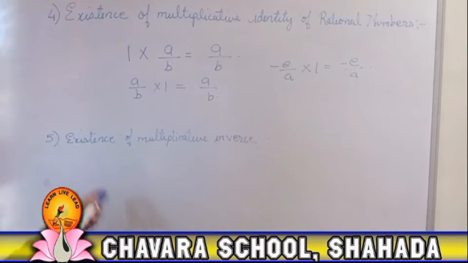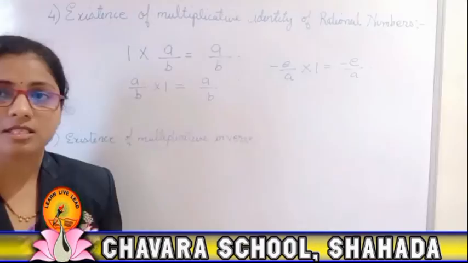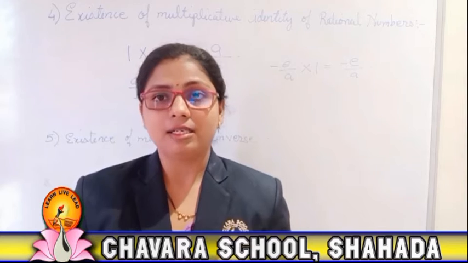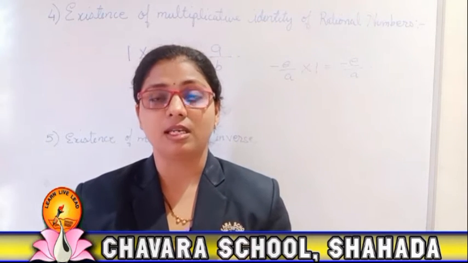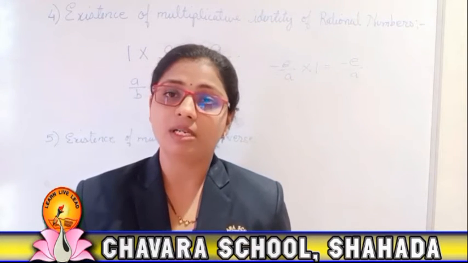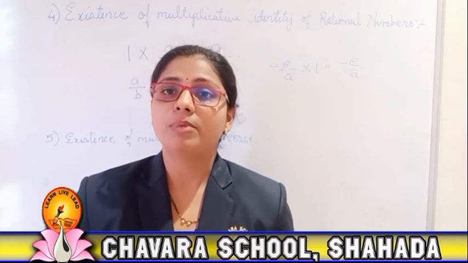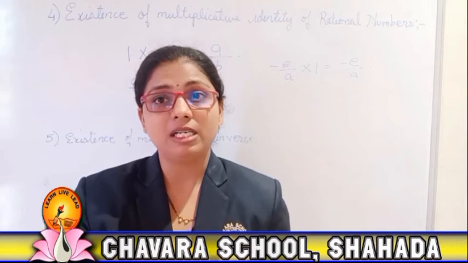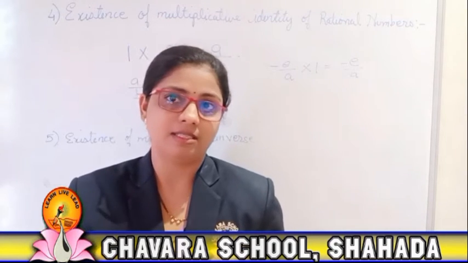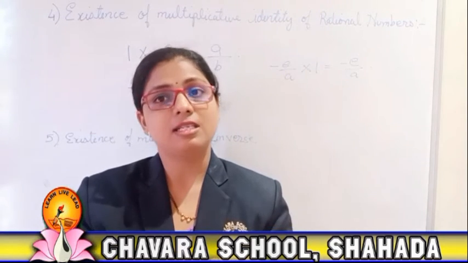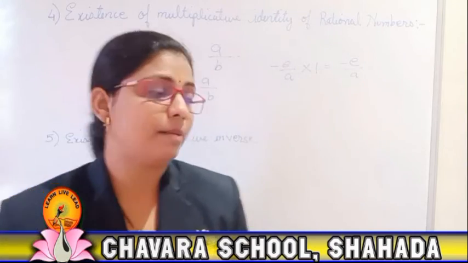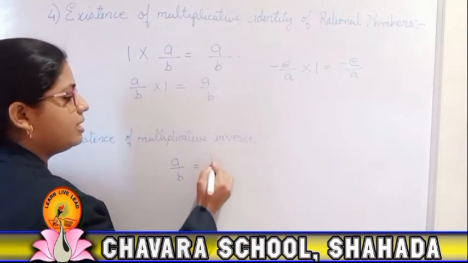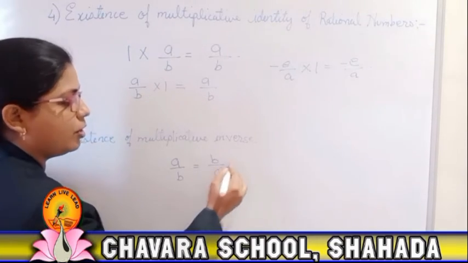Now next is the existence of multiplicative inverse. Inverse means to invert, to oppose. So for that we should know how it works. In addition we saw the additive inverse: if plus is there it will become minus. Here, if multiplication is there, it will divide, meaning the number becomes its reciprocal. For example, suppose the number is a upon b. We will write it as b upon a.